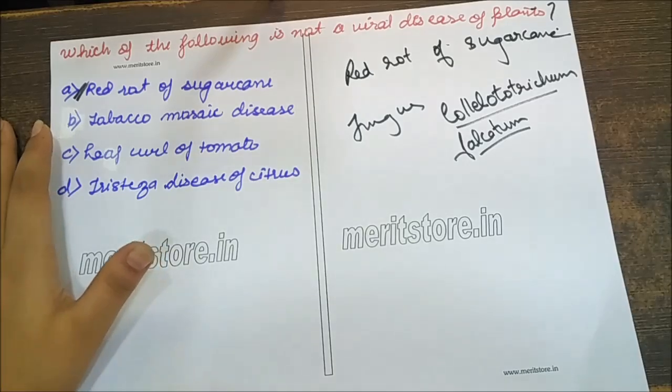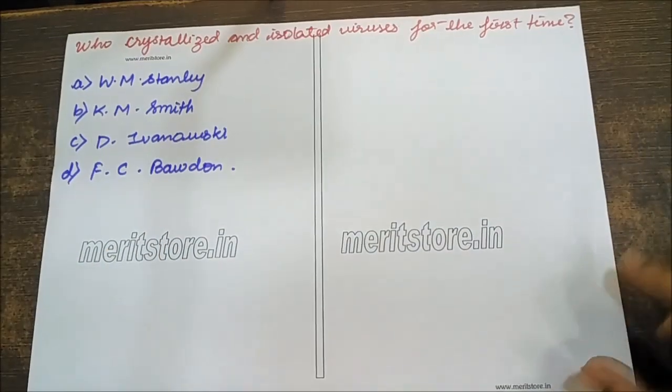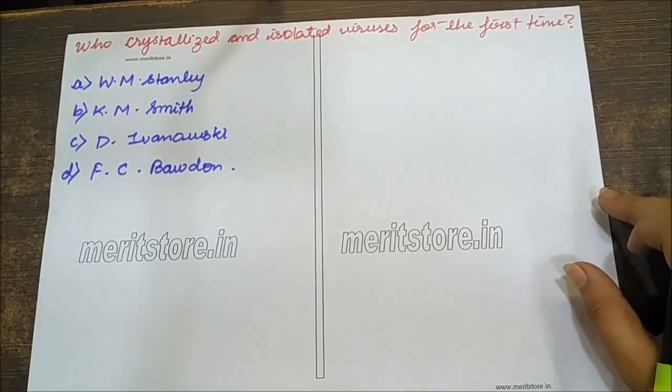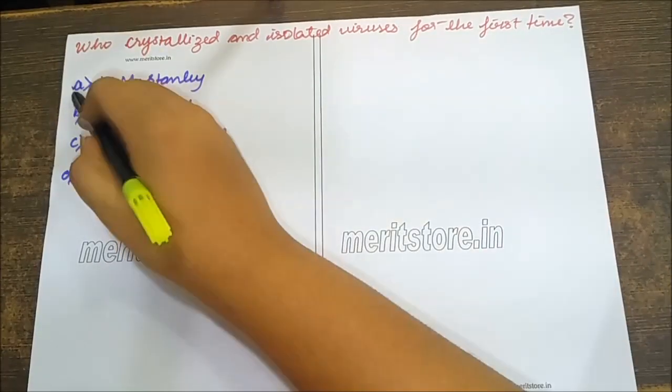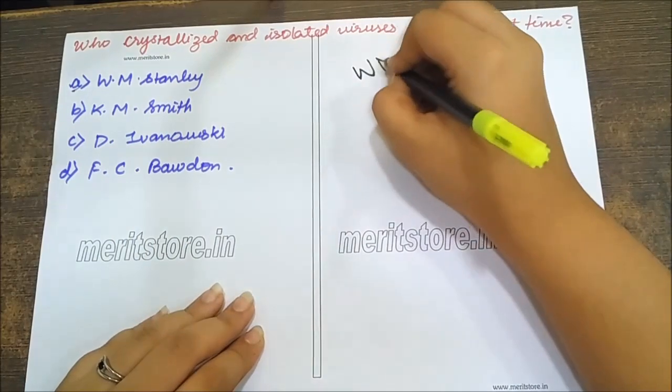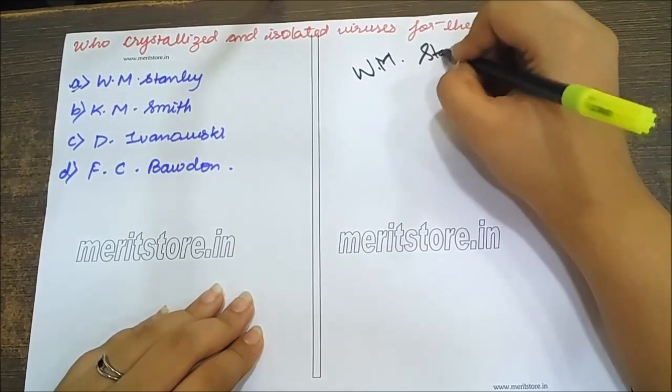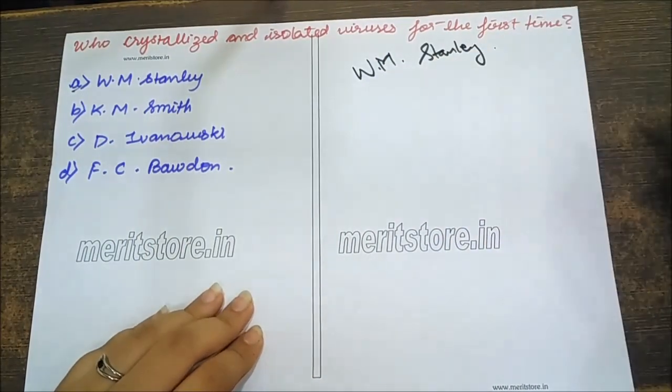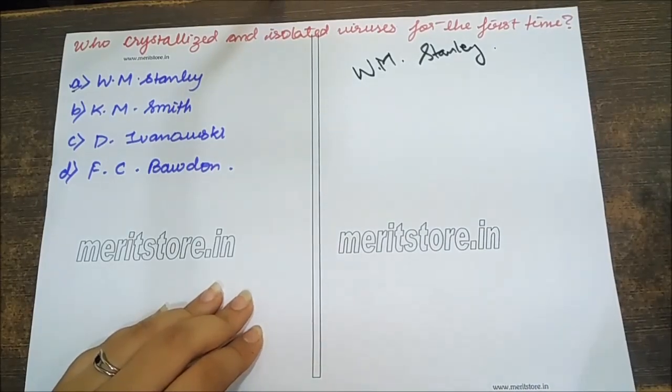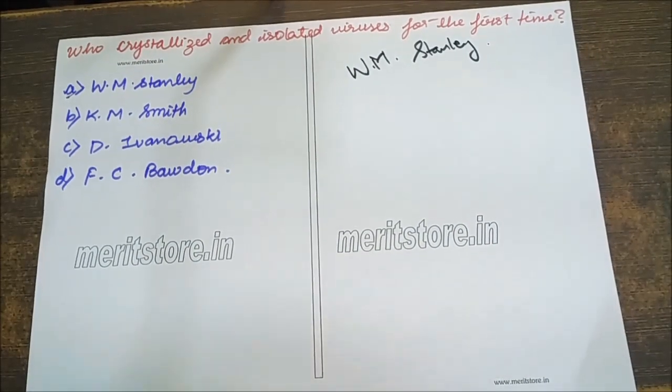Who crystallized and isolated viruses for the first time? W. M. Stanley crystallized and isolated viruses for the first time. Viral diseases can be classified as follows.